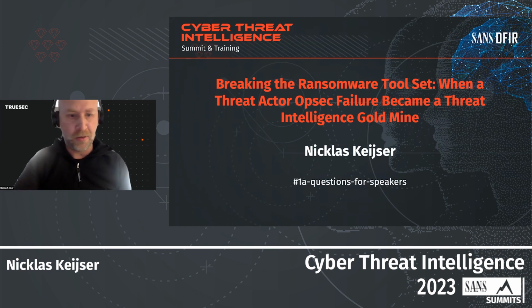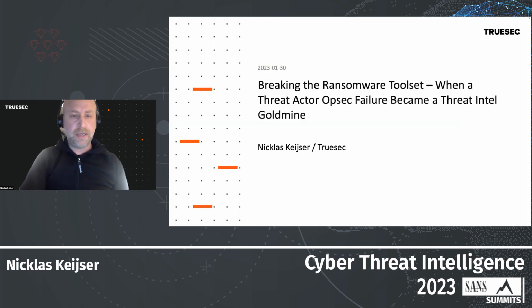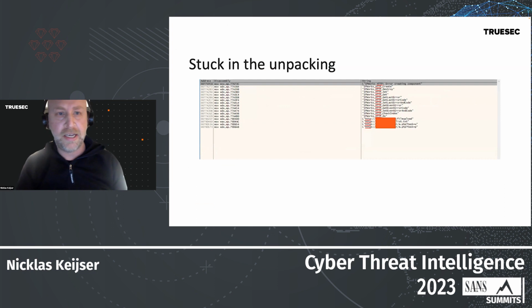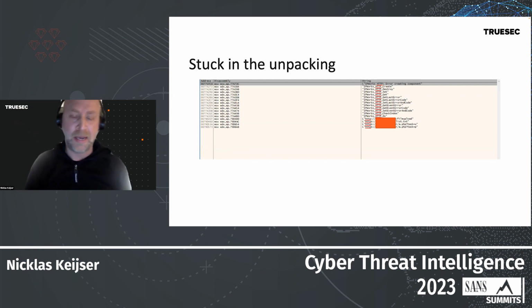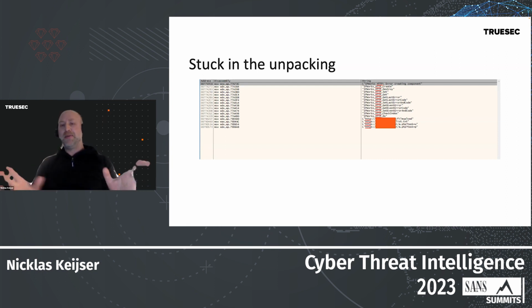This is the introduction slide. I'm a malware analyst. This is the only slide I will show you with assembly, I promise, even though I like this stuff, but I will keep it light.